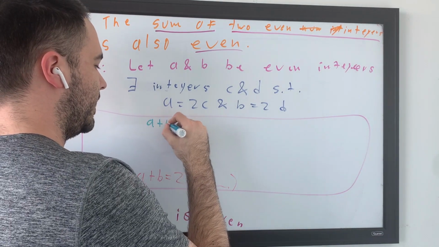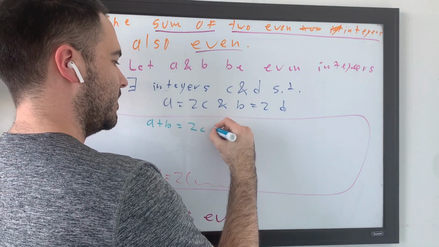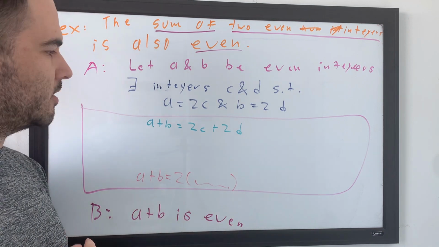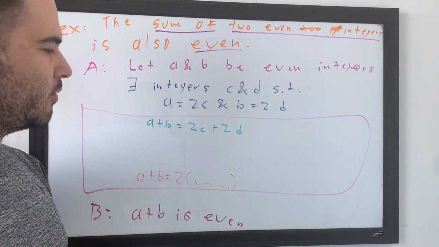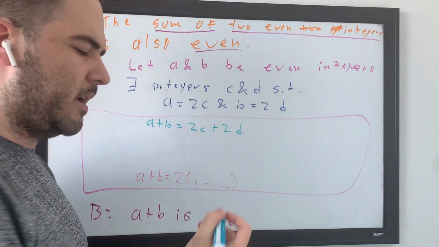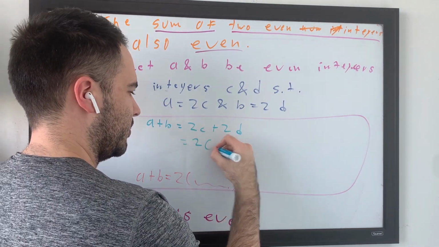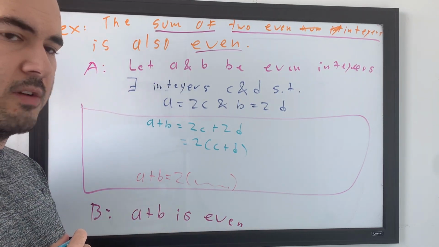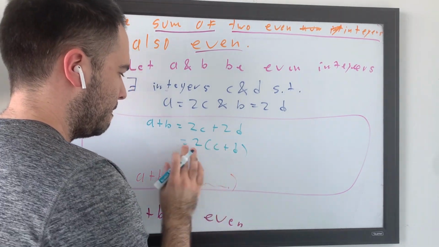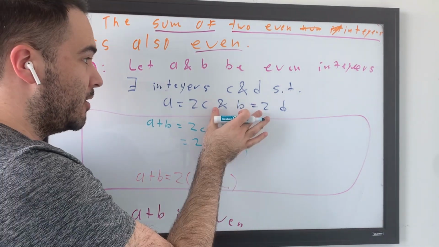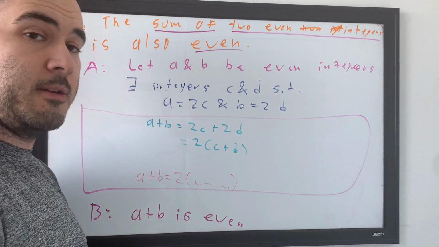So A plus B is equal to 2C plus 2 times D. Again, remember, we need to get it into this form. I see a 2 in both of these terms, so let's try combining them. If I factor these, I will get C plus D here, and that's starting to look like the right form. So A plus B is equal to 2 times another integer that is guaranteed to exist because A and B are even.